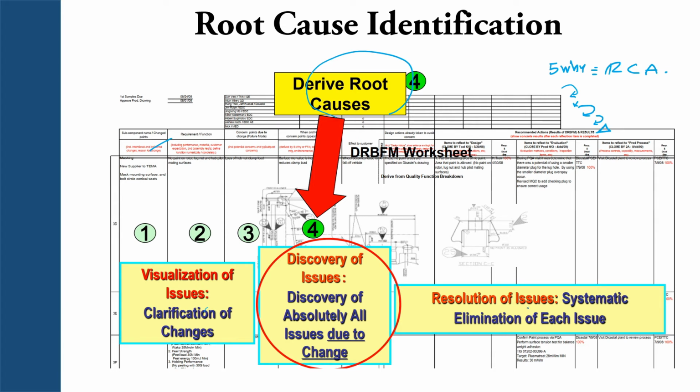And eventually the resolution of the issue, or the solution of the issue, which is a systematic elimination of each issue by eliminating the cause of that problem. Either that problem is in the part itself, in the dimensions, in the design, in the material, or the neighboring systems. If you think the neighboring system is harming your product, then you want to better make sure the product is away from that system, or if possible, eliminate that system from interacting with your part.